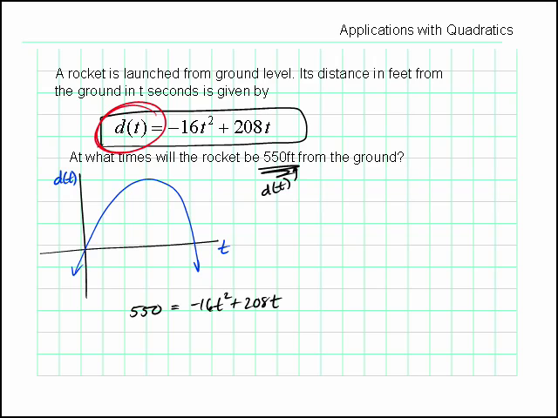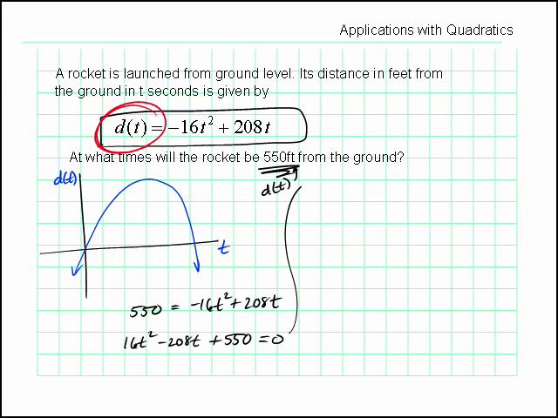So let's solve that for t. I'm going to move everything to the left side. 16t squared minus 208t plus 550 equals 0. Now, I doubt that that quadratic factors, so I'm going to solve that quadratic by using the quadratic formula.